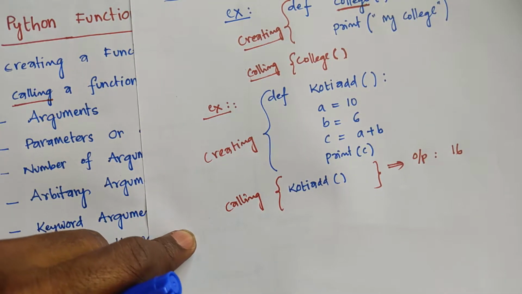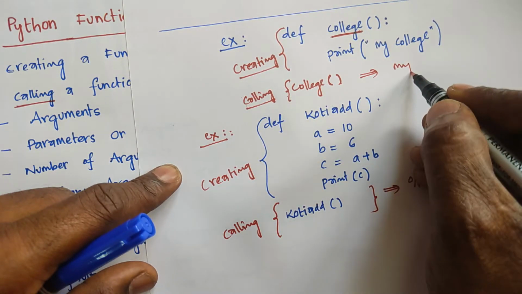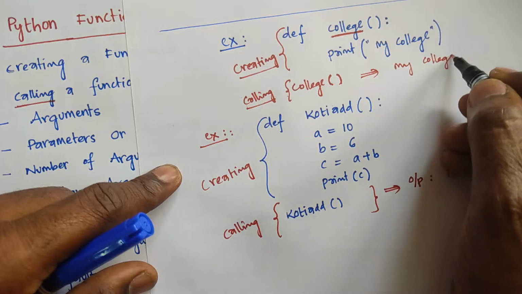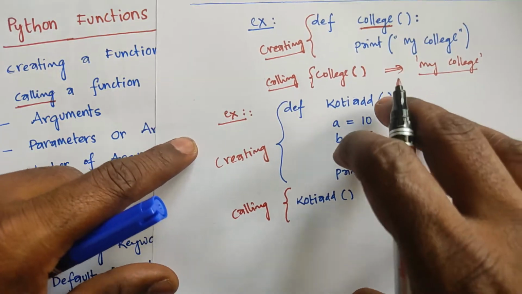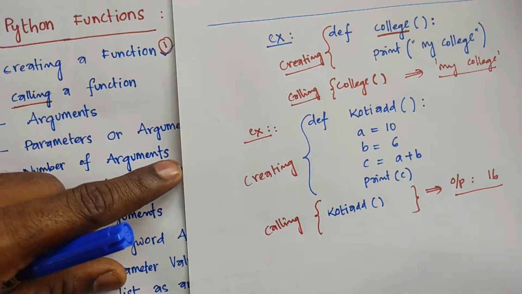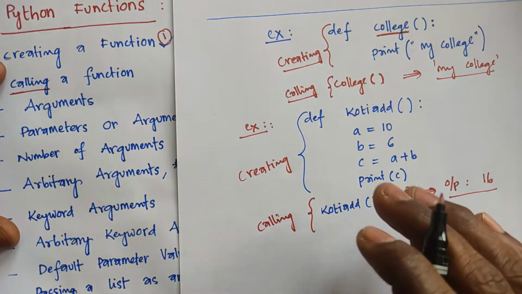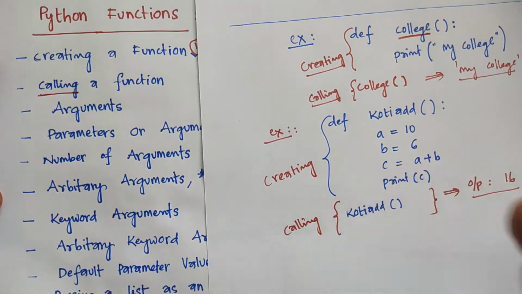And the output of college you will get is my college. The entire practical results we will look at on the screen. This is how you create a function and call a function.